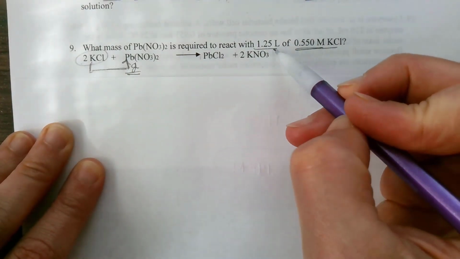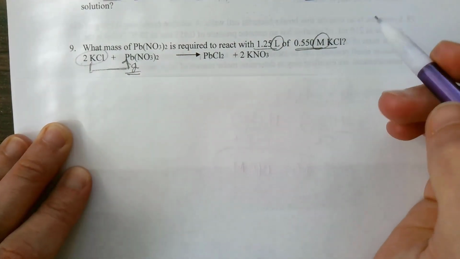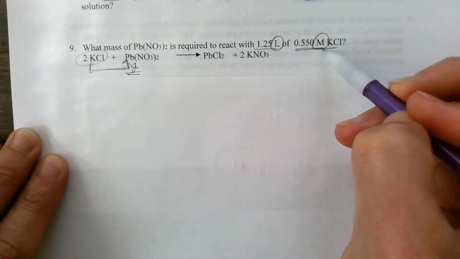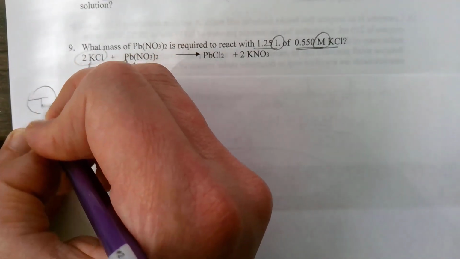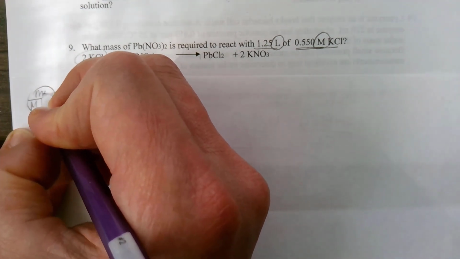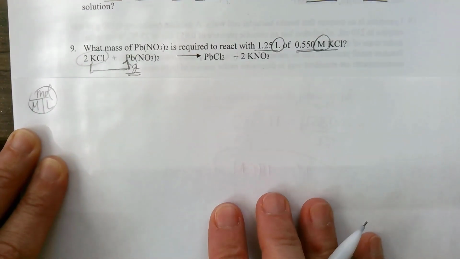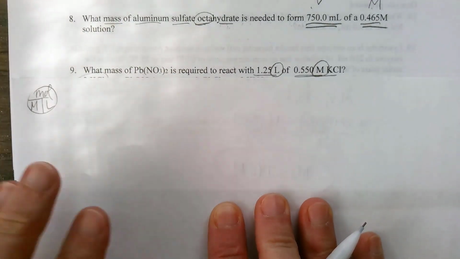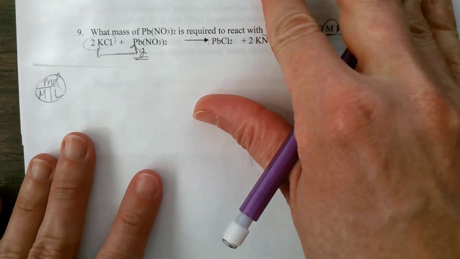All right. Well, we're given liters and we're given concentrations. So with that, we can find moles of KCl, can't we? Hopefully you're getting used to this. So if I want to find moles, covered up, it's molarity times liters.